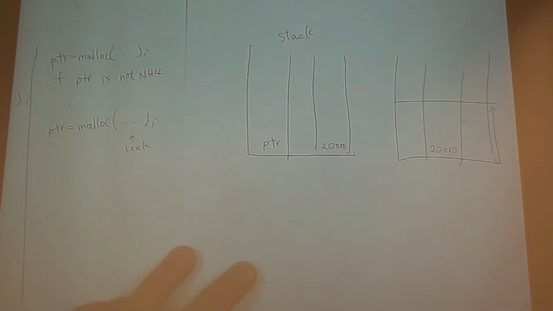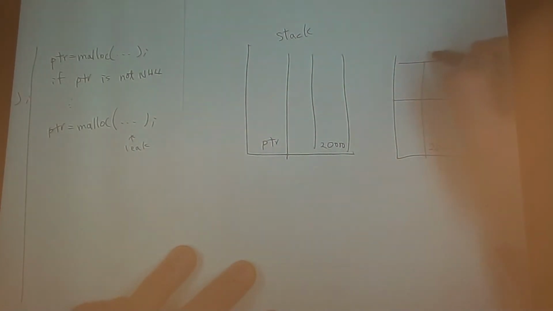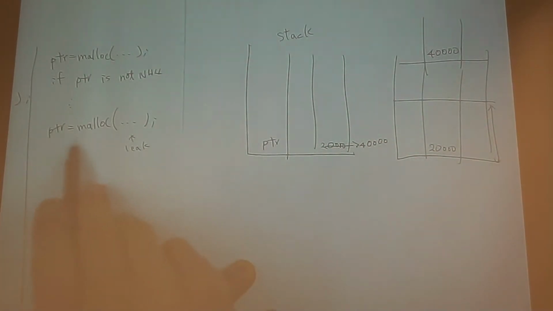If malloc succeeded, you're guaranteed that's a different piece of memory. It will not give you 20,000 again. If it succeeded, it's guaranteed by the operating system. So we give you another piece of memory, let's say 40,000. So this becomes 40,000. Why? Because you assign to ptr.